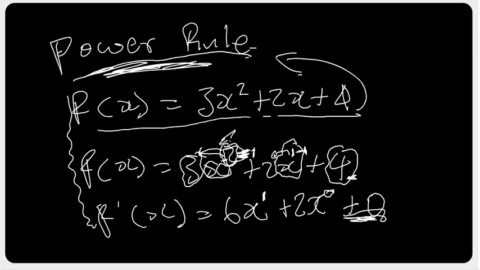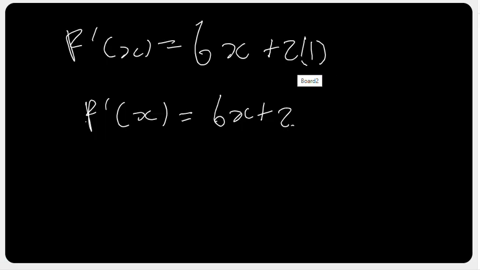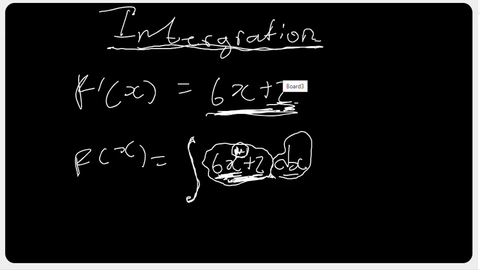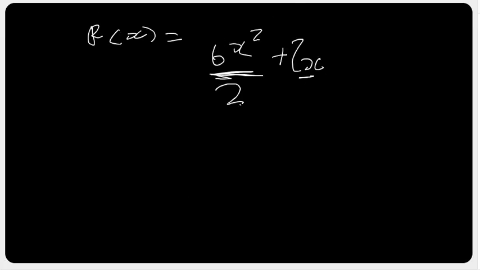Remember what I said here: this 1 minus 1 changed to 0, and that 0 changed this x to be 1. Multiplying 1 by that gave us this constant in our first derivative. So now we have to plug x here, and then plus the constant.